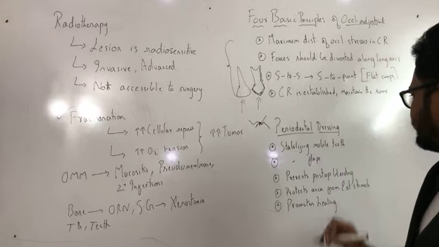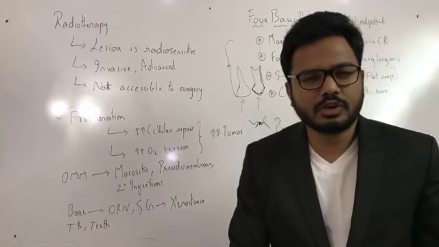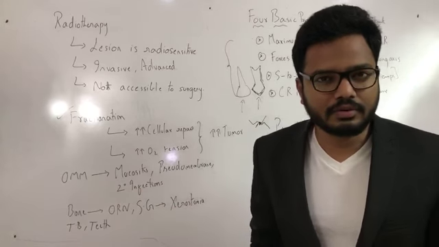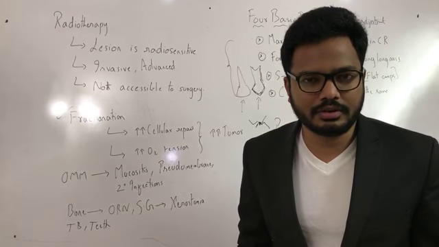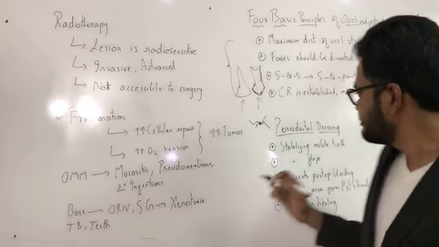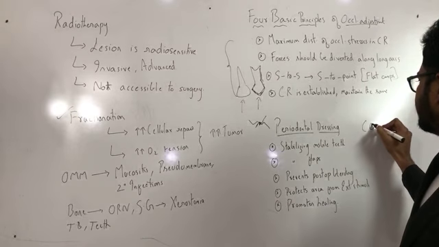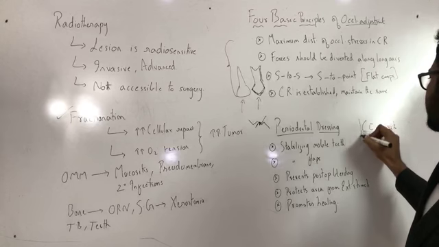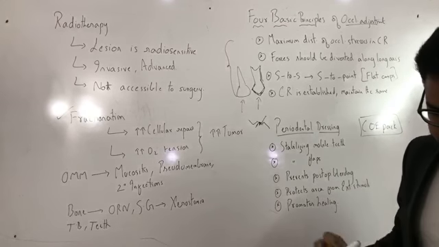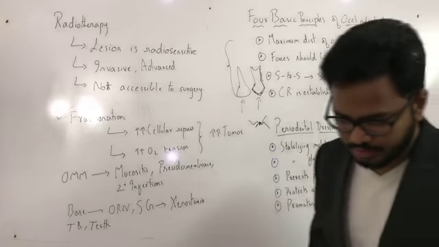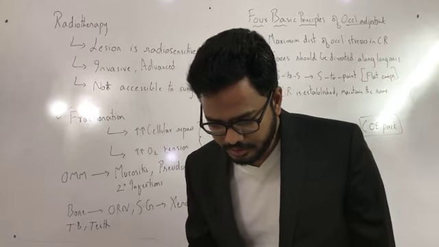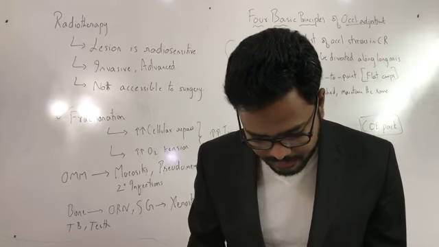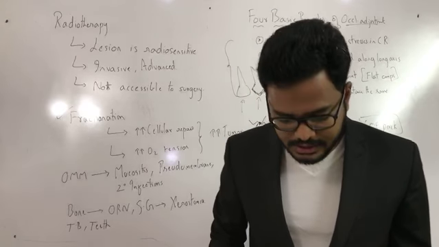Okay, so we have eugenol based and non-eugenol based. Coe-Pak is an example for eugenol or non-eugenol? So what is Coe-Pak and what does it contain?